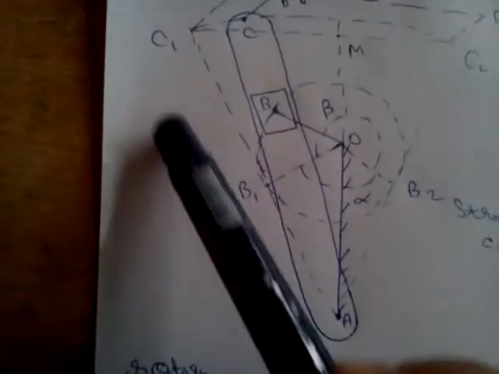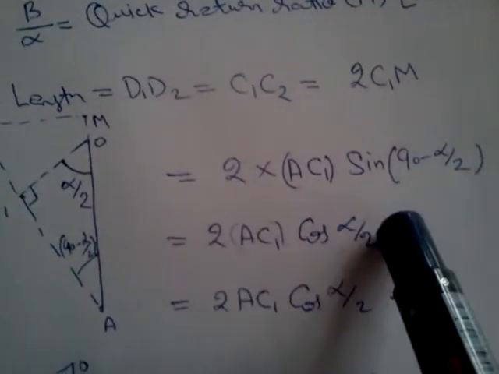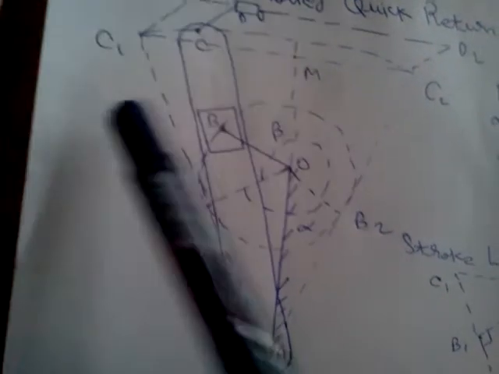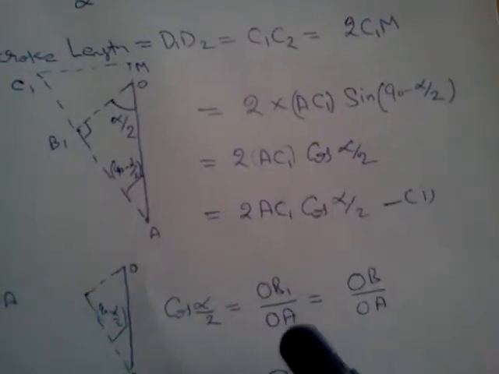So now taking this triangle AC1M, we can calculate C1M, which is equal to AC1 sin of 90 minus alpha by 2, which is equal to AC1 cos of alpha by 2. So 2 C1 M is equal to 2 AC1 cos of alpha by 2.